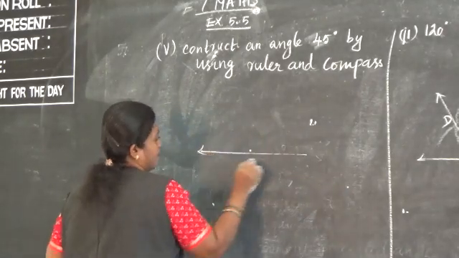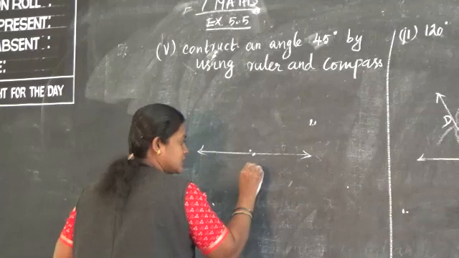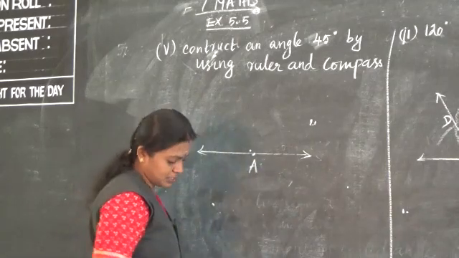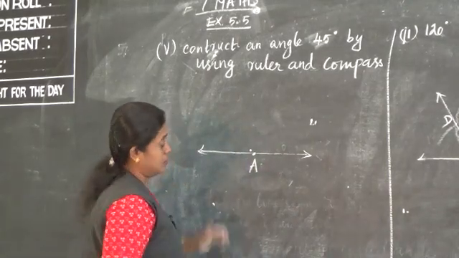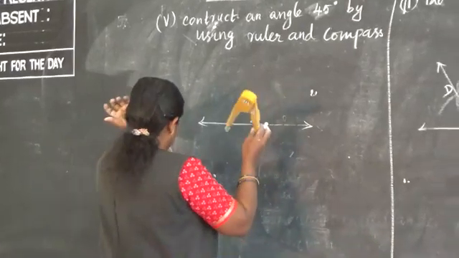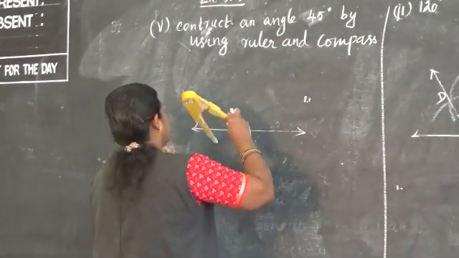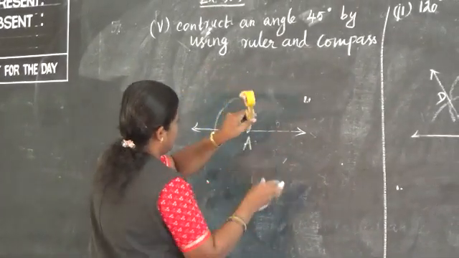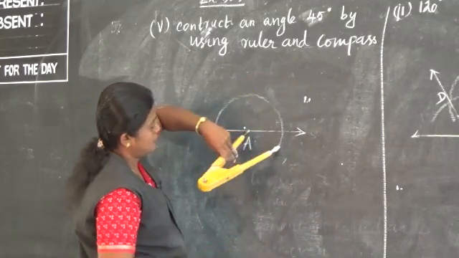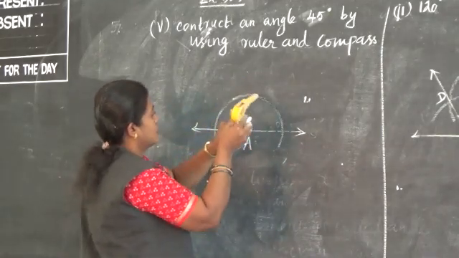Draw a line, mark a point A on it, A as a center, any convenient radius, draw the arc.